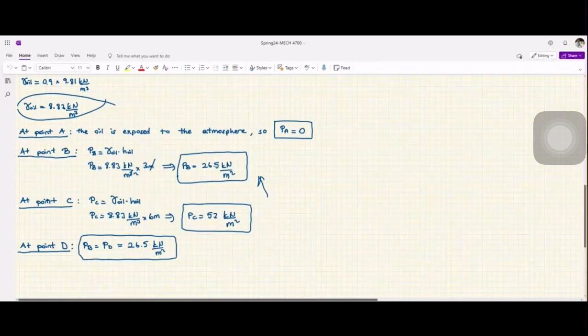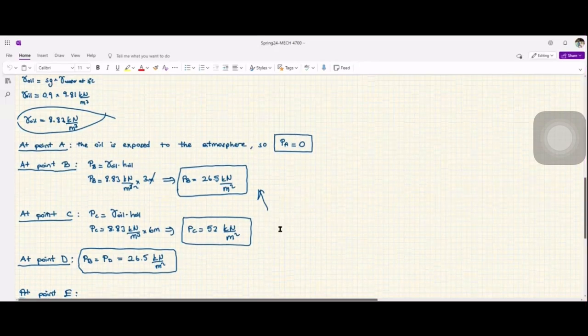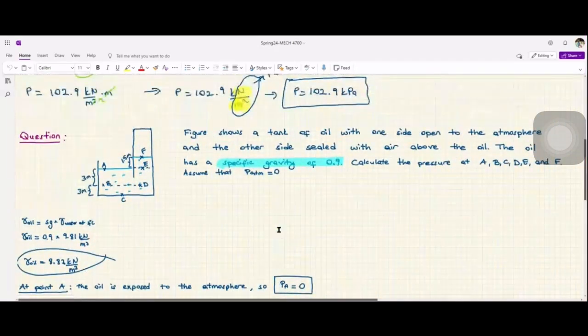All right, now let's look at point E. Let's go up to the picture. Where is E? All right, so the same logic, right? Even though we don't have any liquid above A, but we have oil above point E, it doesn't matter, okay? The pressures must be the same.